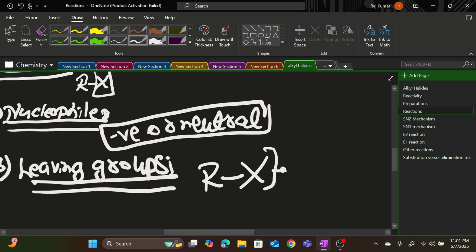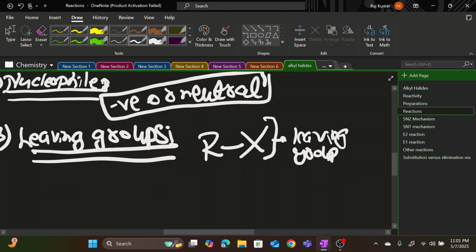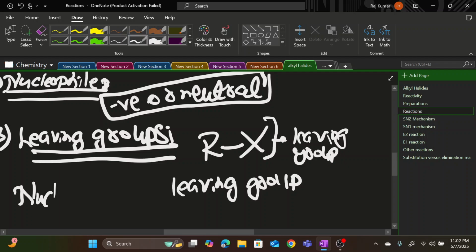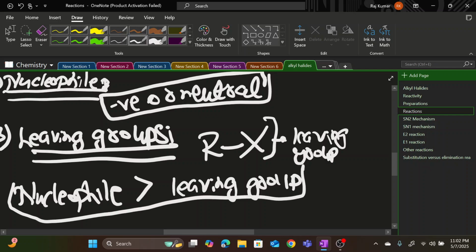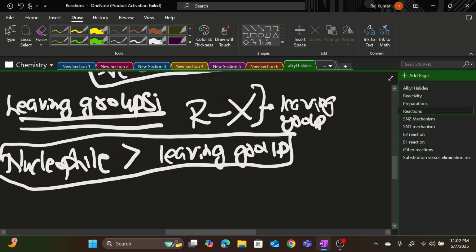It is important that the leaving group should always be weaker, and the incoming nucleophile is always supposed to be stronger than the leaving group. This is an important point.